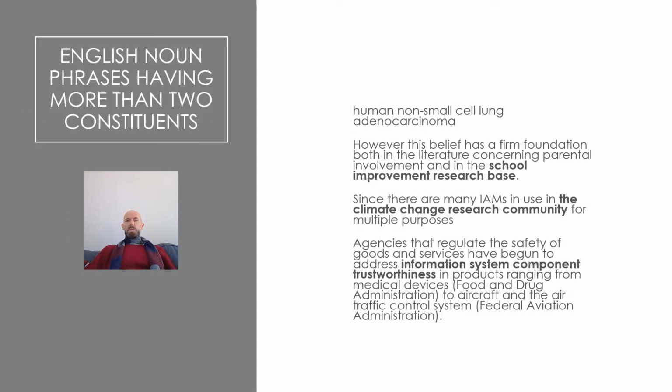Just to prove my point, I'm providing you with a few additional examples here. We have, for instance, human non-small cell lung adenocarcinoma. Well, it's obvious that this is about lung adenocarcinomas, some kind of lung cancer, and it's not about big cells apparently, but non-small cells, and it occurs in humans.